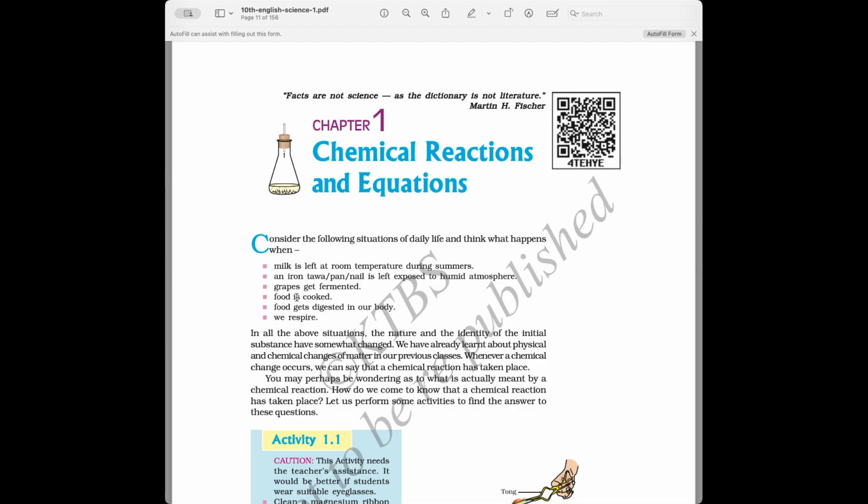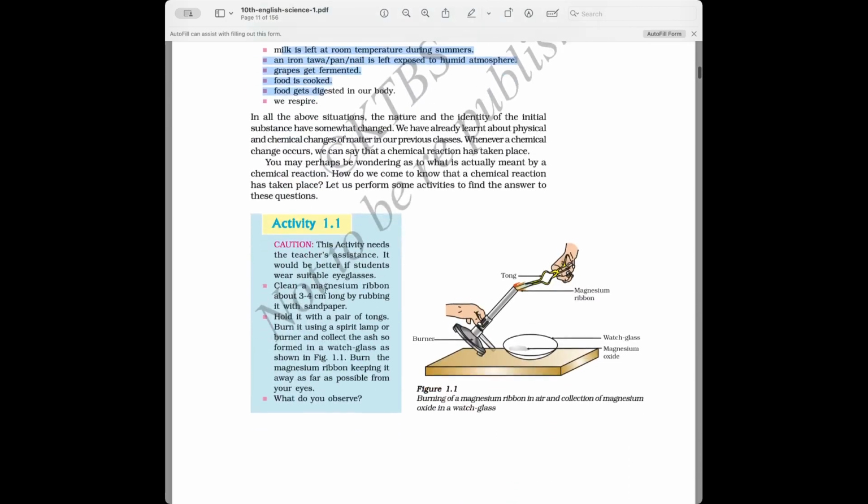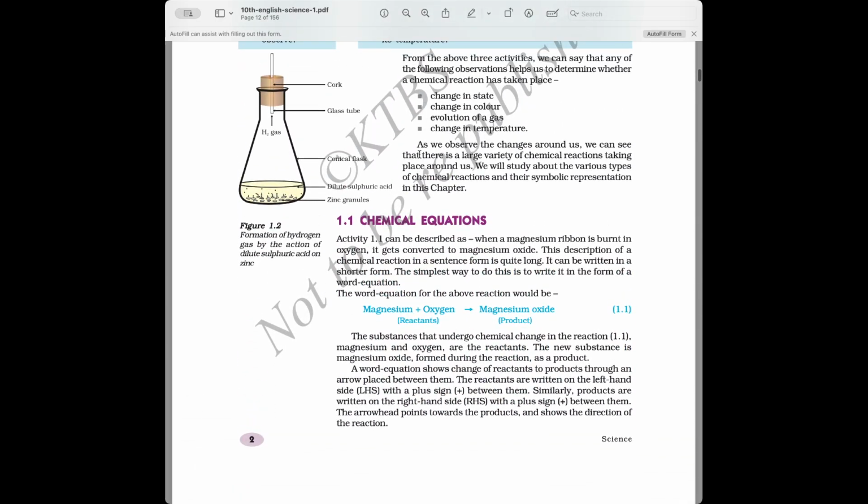For example, if you cook raw rice, once you cook it, you cannot get the raw rice back, right? So it is irreversible. Again, food gets digested in our body when we eat, and they have also given the respiration example. So these are the day-to-day examples they have given.